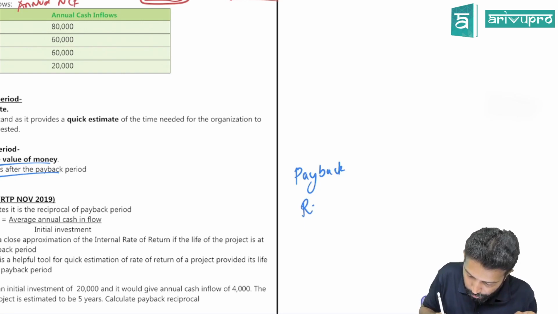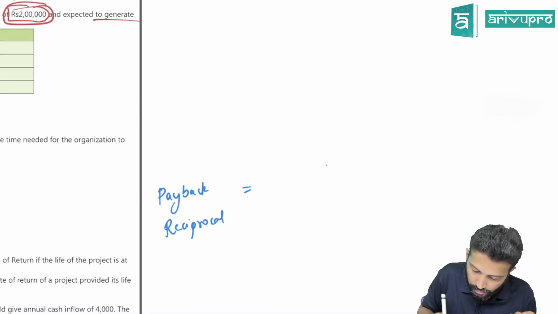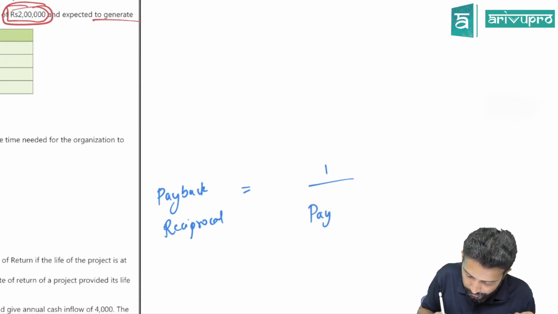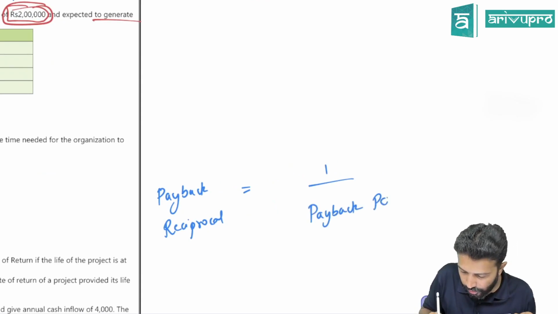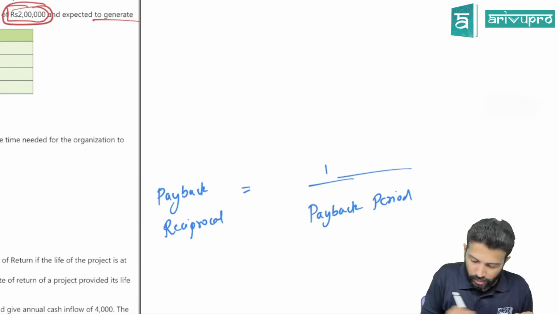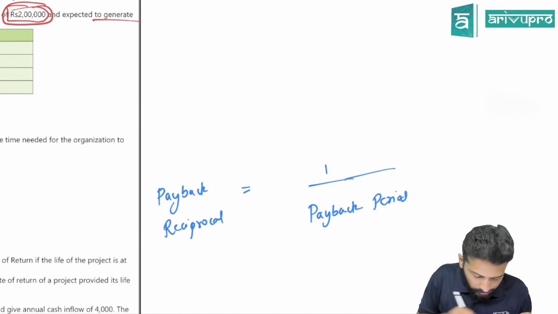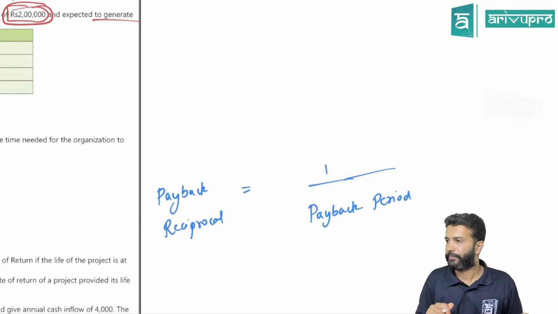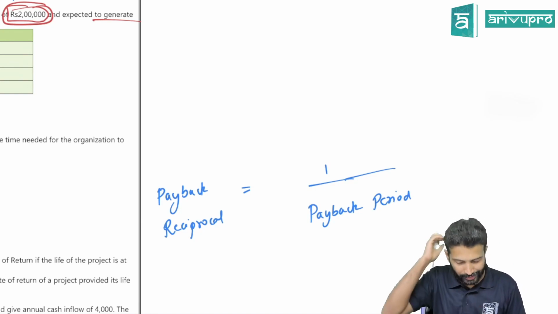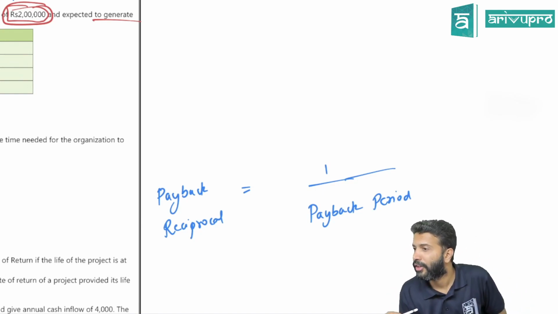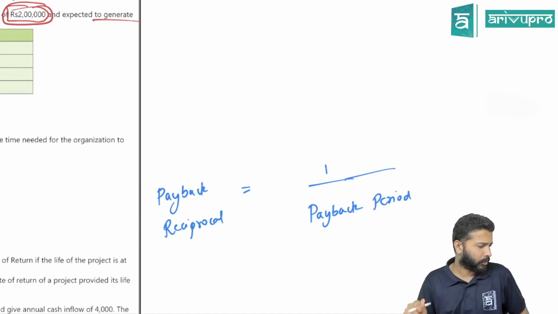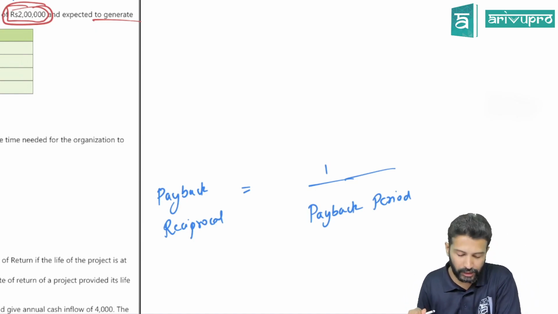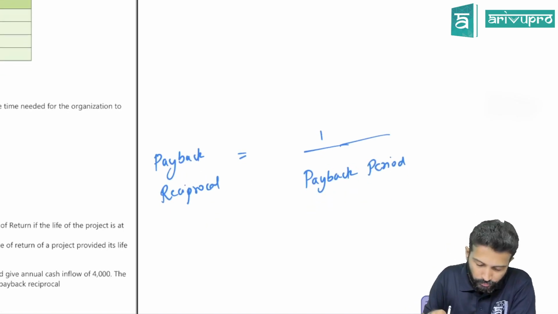Payback reciprocal is equal to 1 divided by payback period. That's what the reciprocal means in mathematics, correct? Just do the reverse. The numerator becomes denominator, denominator becomes numerator. So hence 1 divided by payback period is nothing but your payback reciprocal.